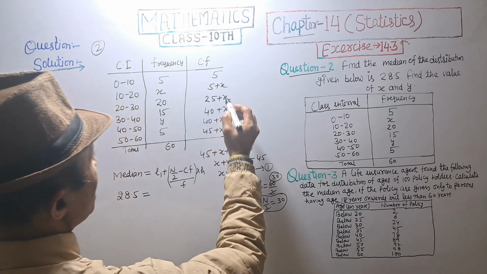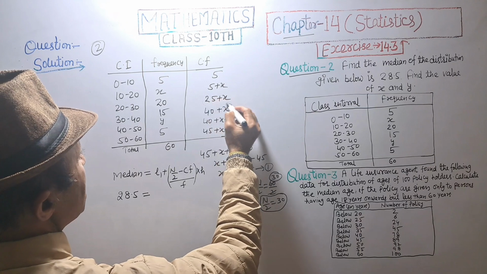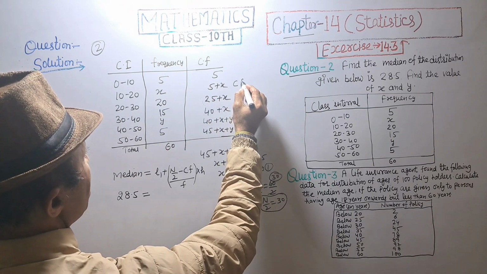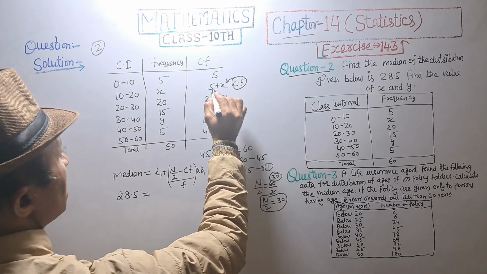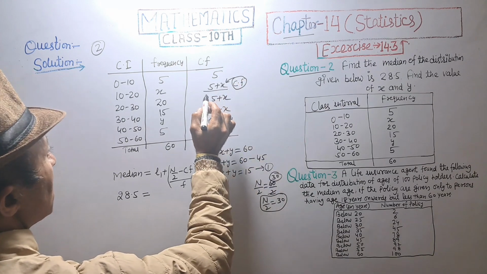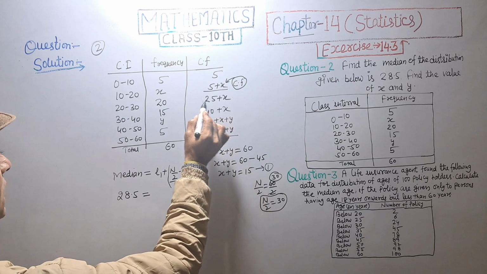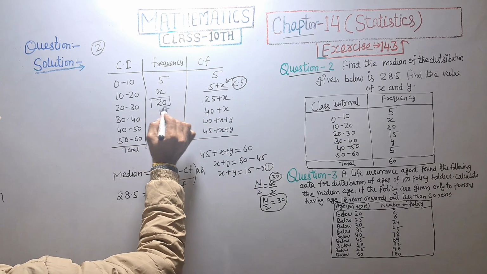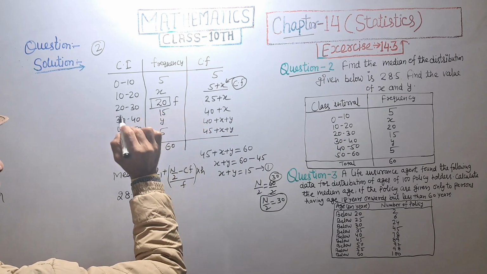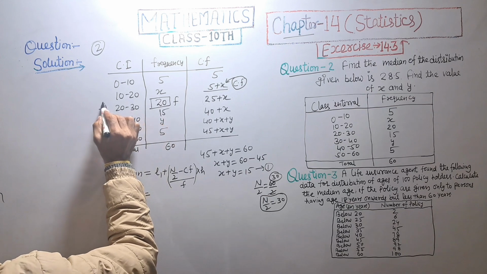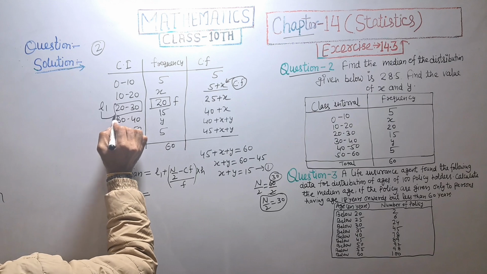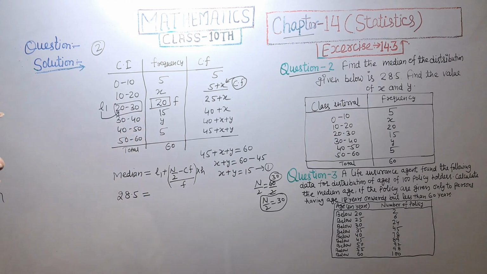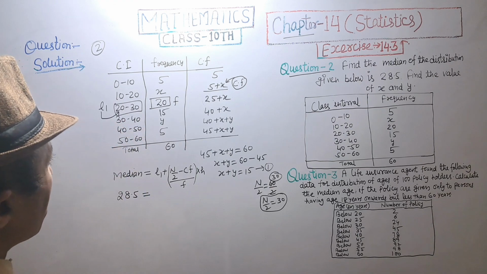And in cumulative frequency, 30 lies here, but CF is 5 plus x, and frequency f is 20, and L1 is equal to 20.